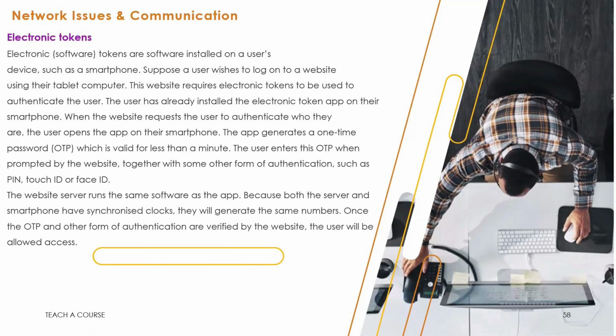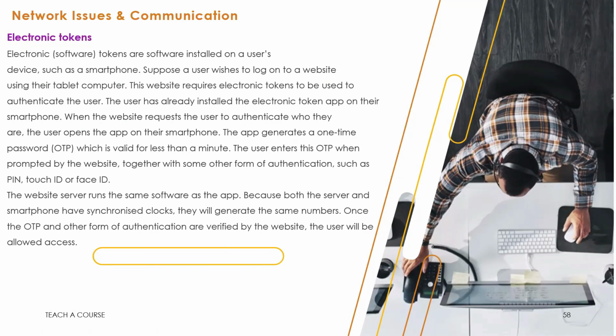Then we have electronic tokens. Electronic tokens are software installed in a user's device, such as a smartphone. Suppose a user wishes to log into a website using their tablet or computer. The website requires electronic tokens to be used to authenticate the user. The user has already installed the electronic token app on their smartphone.